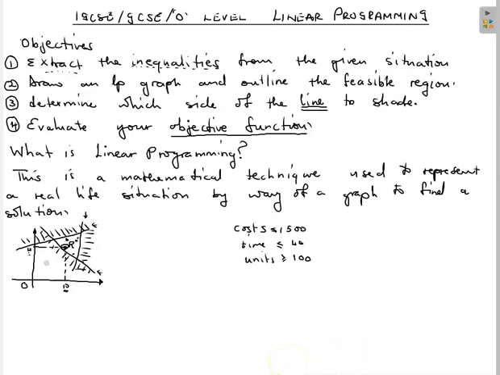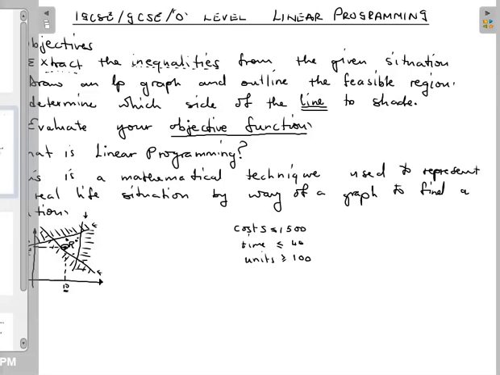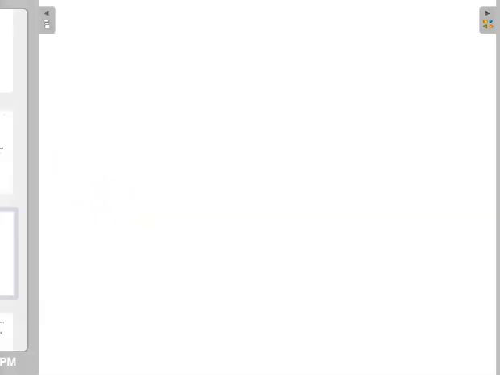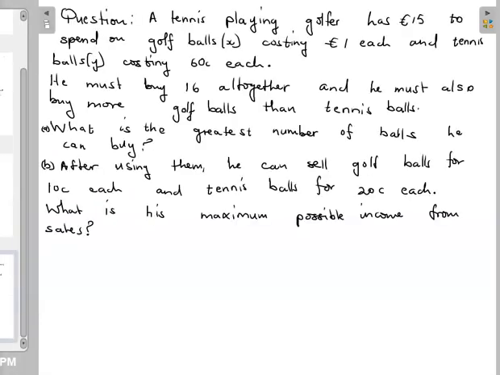So let's move forward. I think we have exhausted most of the important things we needed to do, so let's look at a question and get on with the extraction of inequalities.